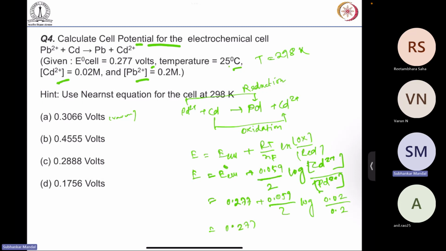So 0.277, this one we can write this 0.2. So you people can calculate once. I think Varun is already quite fast. Okay. Yeah, I think Varun is correct. It is coming this.